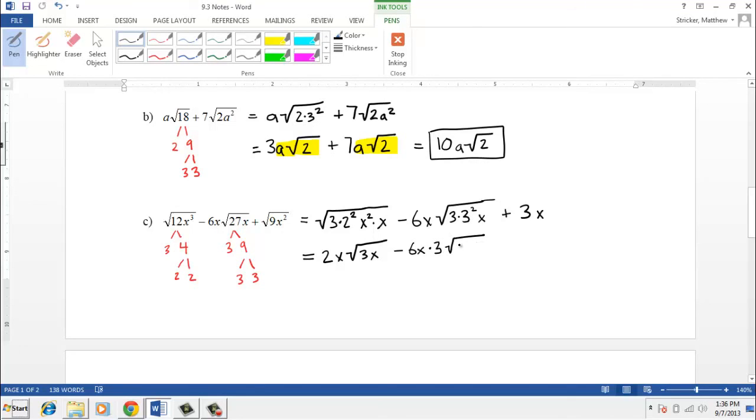What's left inside is a 3x. This is 2x square root 3x. Minus 6x times 3 is 18x square root 3x plus 3x.